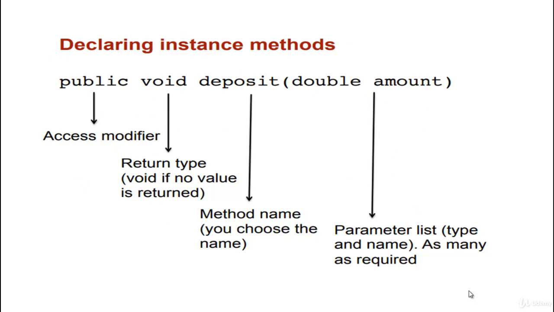Declaring instance methods. This is very important. You have to follow the syntax: public void deposit open bracket double amount. Public is the access modifier. Void is the return type. If no value is returned, we use void.